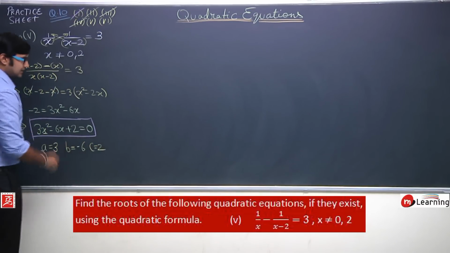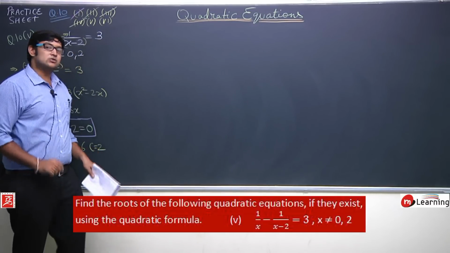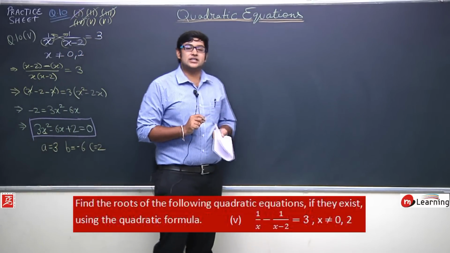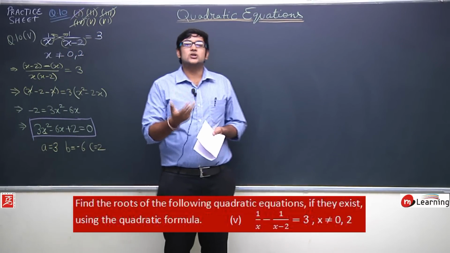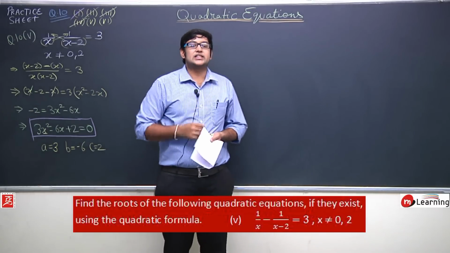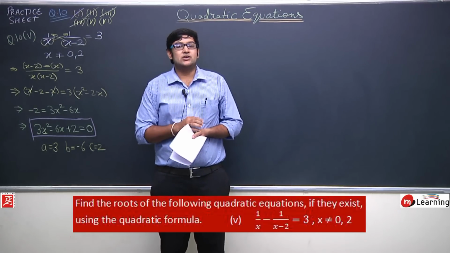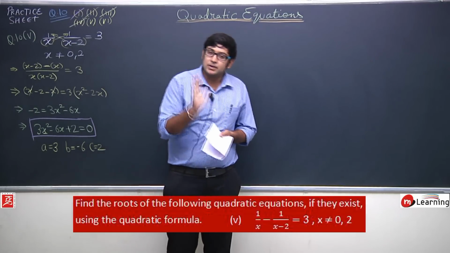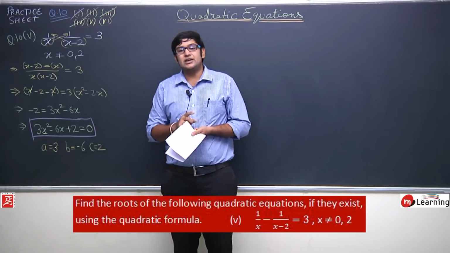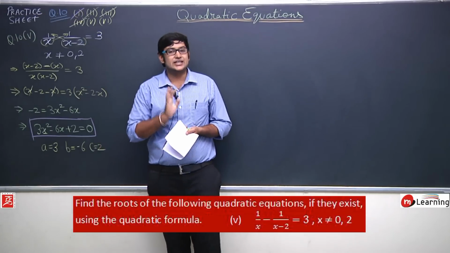So a, b and c are the three values that we have determined. इन तीन values को determine करने के बाद we are going to check whether this equation has real roots or not. अगर discriminant का value 0 से बड़ा आता है मतलब इसके real roots हैं. अगर discriminant का value 0 आता है तब भी मतलब इसके real roots तो है. अगर discriminant का value 0 से छोटा आता है it means इसके real roots exist नहीं करेंगे.